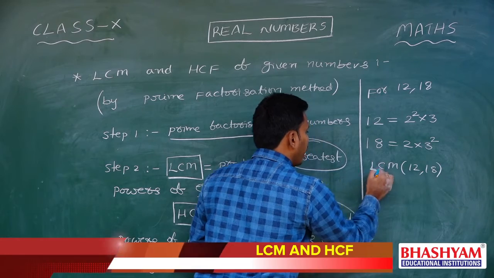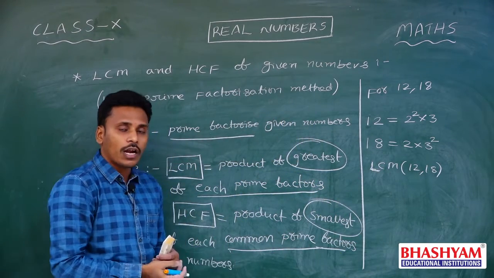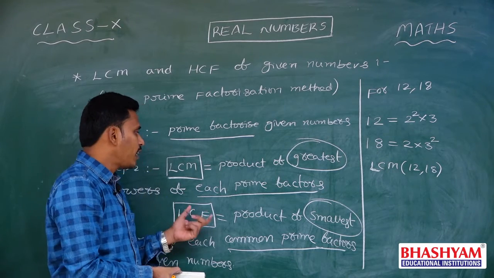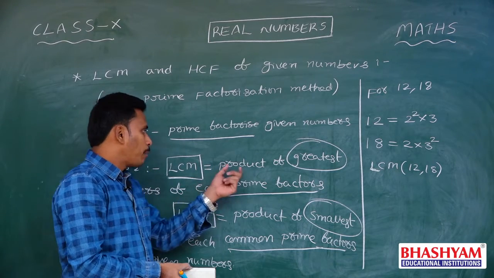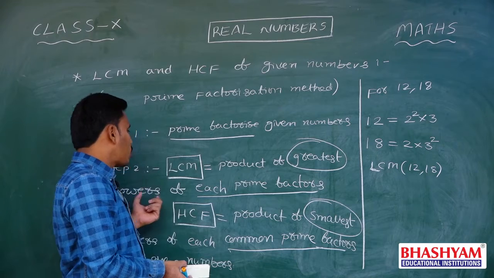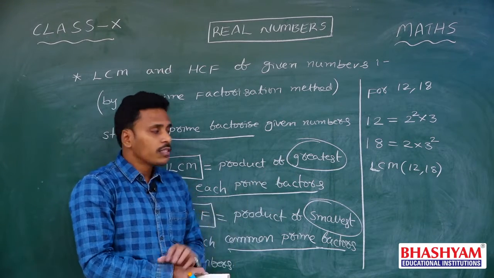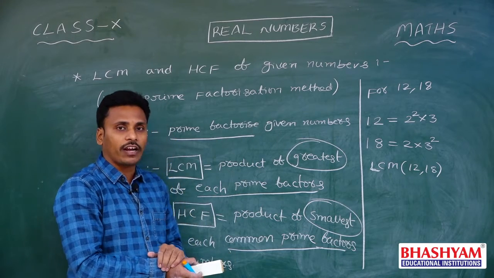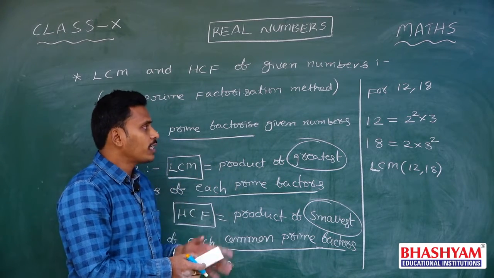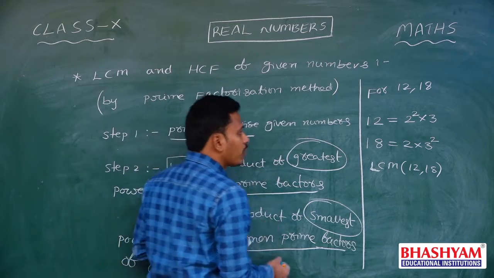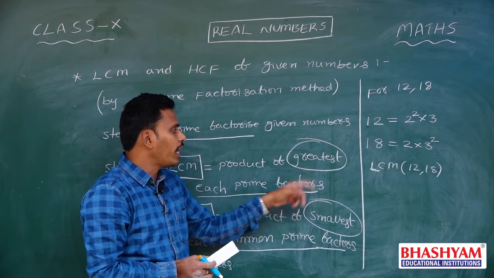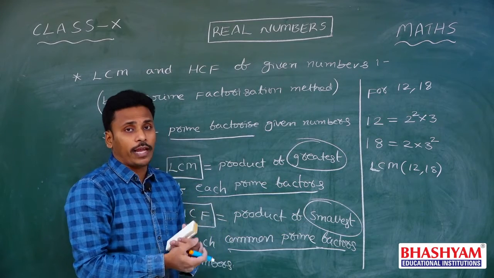For that, you need to utilize this definition: multiply the greatest powers of each prime factor. The prime numbers involved here are 2 and 3, that's it. You need to identify the greatest powers of those primes.